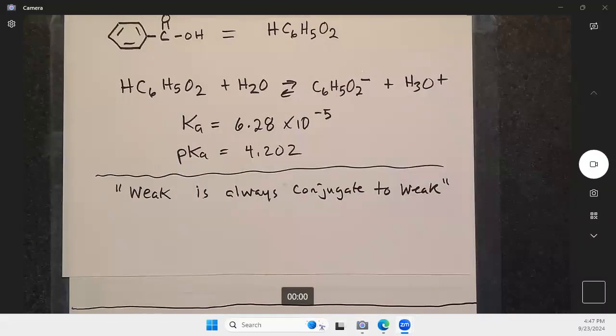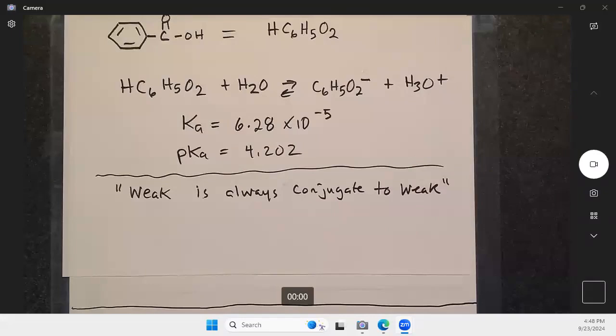A weak acid, when it reacts through its Ka equilibrium, will produce a conjugate base. And that conjugate base that gets produced is itself weak. So a weak acid will produce a conjugate that is also weak, a weak base.